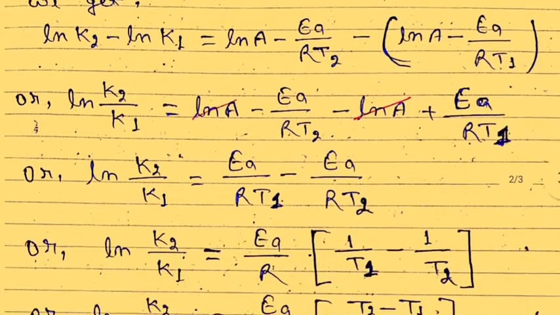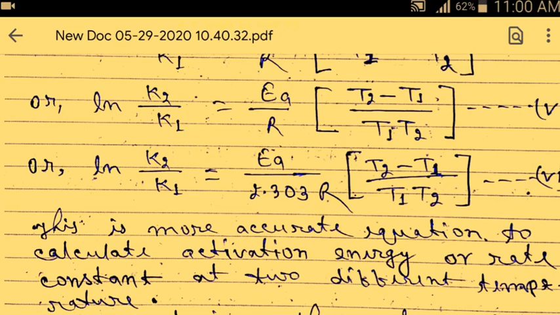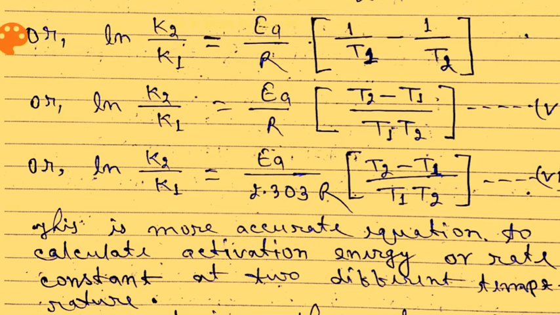Again we can write this equation as, how can we write it? ln K2 by K1 is equal to EA by R. EA by R is common, so EA by R into 1 by T1 minus 1 by T2, or we can write ln K2 by K1 is equal to EA by R. T1 T2 is common here, LCM is T1 T2, so in numerator we have to write T2 minus T1.